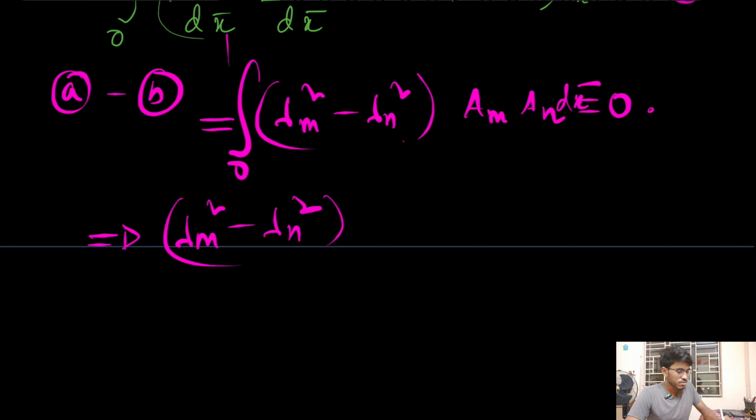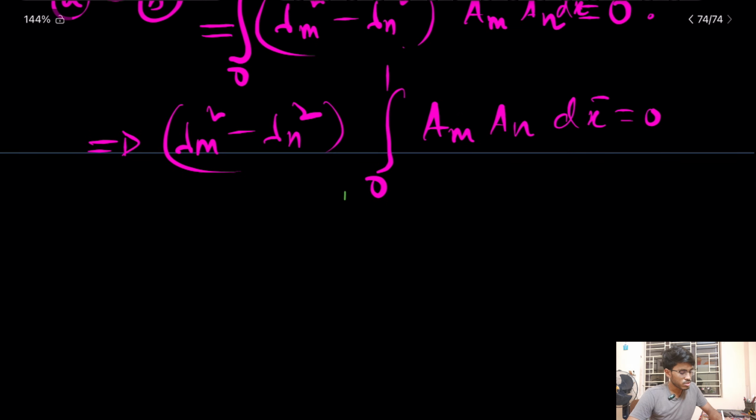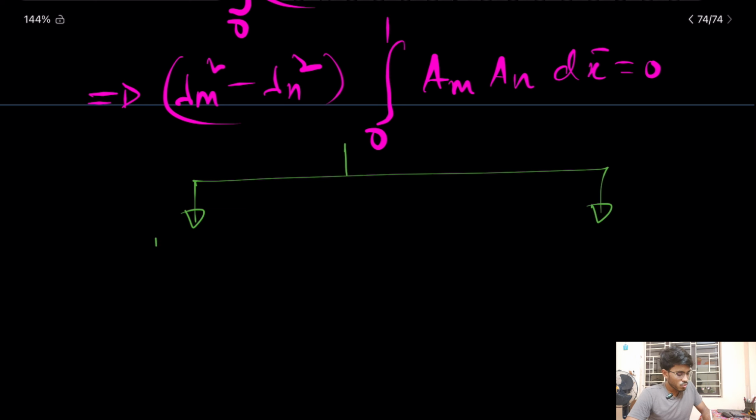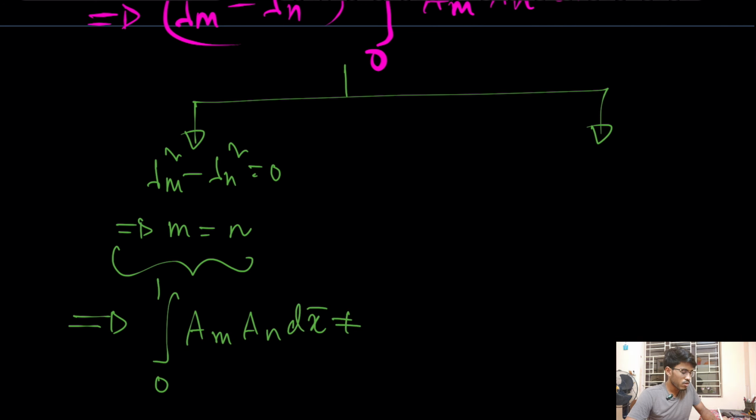So let me write it like this: am into an dx equal to 0. So now here you have two options. One is this is equal to 0, and this directly means m equal to n. So if m equal to n, then this again implies that the integral of am into an dx bar is not equal to 0.